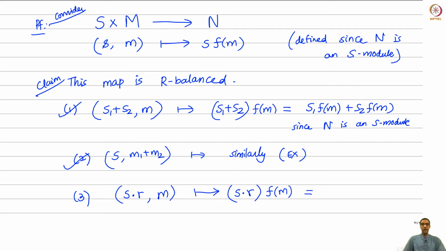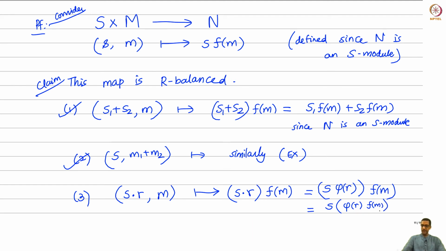But how does R act on the right of S? Recall that's just s times phi(r), again by definition, acting on F(m). Now they're all elements of S, so I can think of this as s acting on phi(r) acting on F(m).